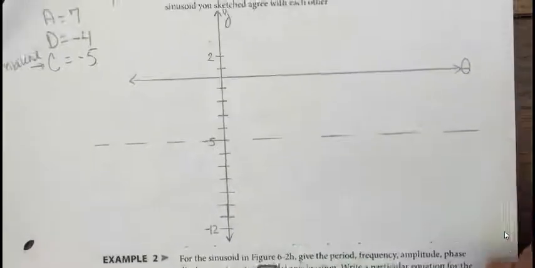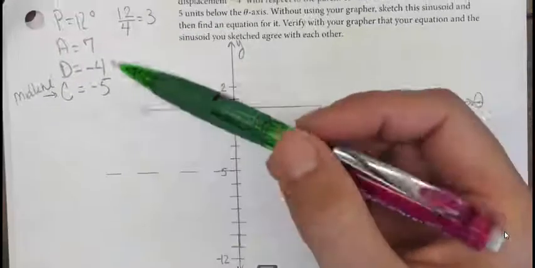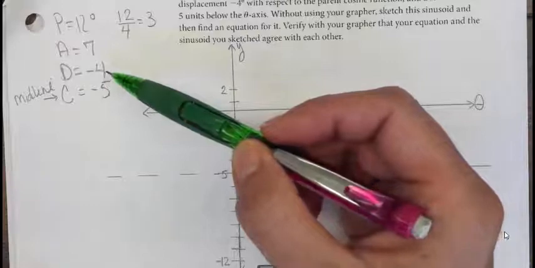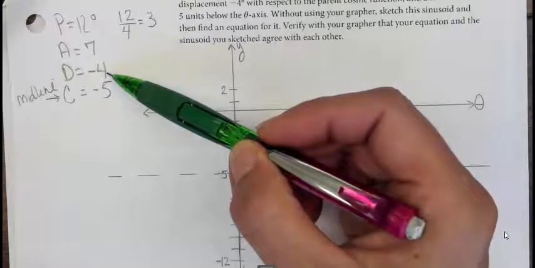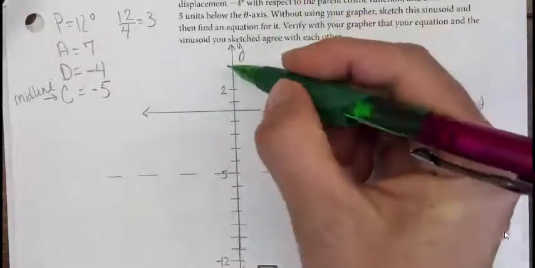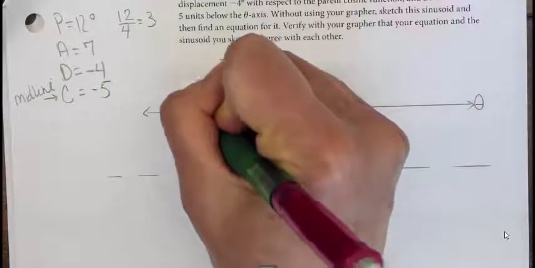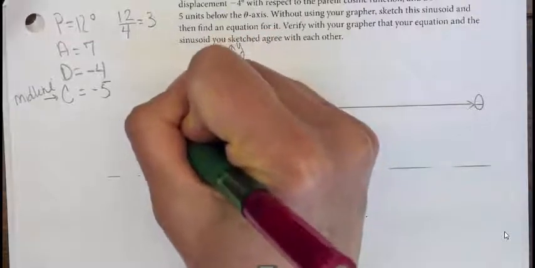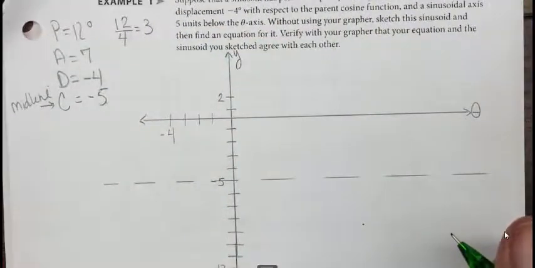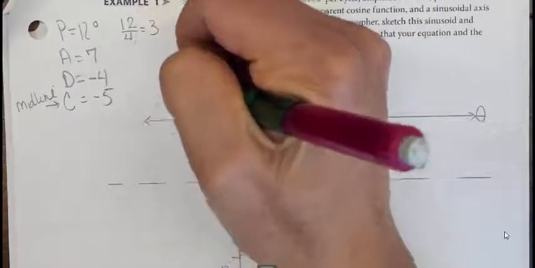Now the question is, where do I start? Well, again, my horizontal translation is -4. So normally, your cosine would start on the y-axis as the highest point. But I'm going to go back -4. That's going to be where my highest point is.